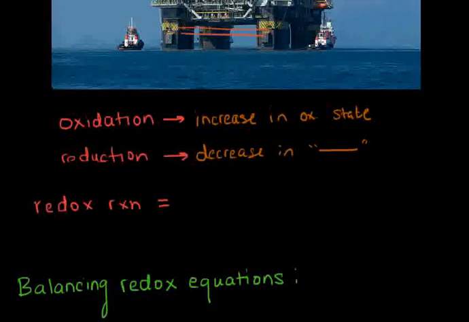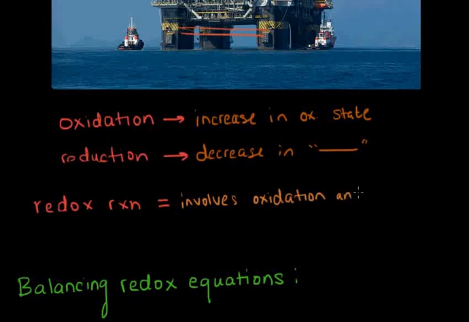It's going to be a little anticlimactic, I apologize, but a redox reaction is one that just involves oxidation and reduction, and therefore it involves the transfer of electrons between different kinds of atoms. And in fact, the term redox is just a contraction of reduction and oxidation.